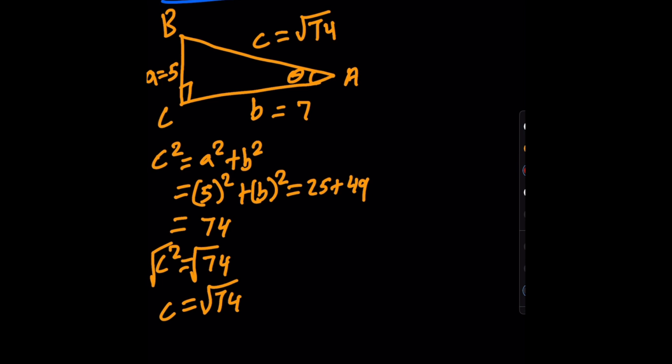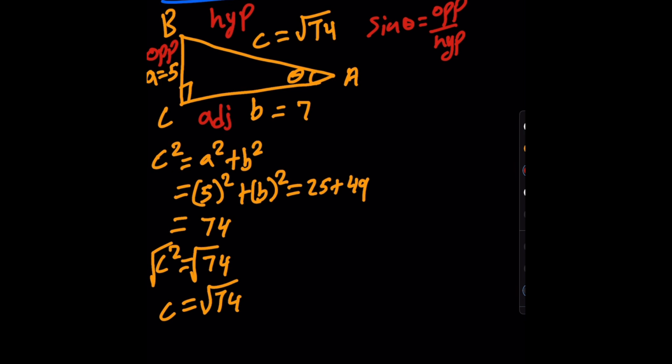Now let's find the six trig functions. Let's start with sine of theta, which is opposite over hypotenuse, okay? So this is opposite, okay? Because we are working with respect to theta. So this is adjacent, right? And this is hypotenuse, okay?